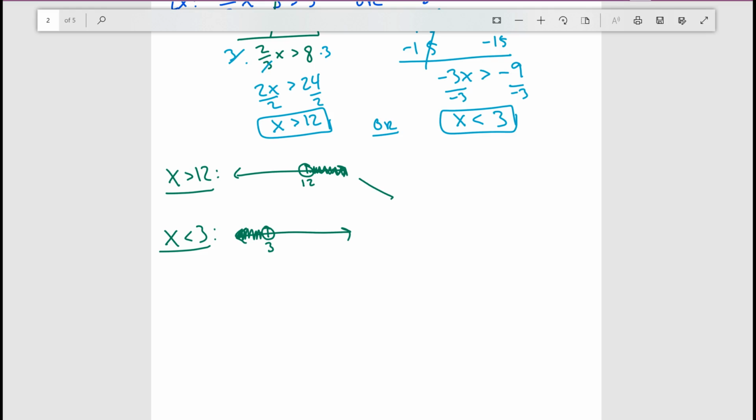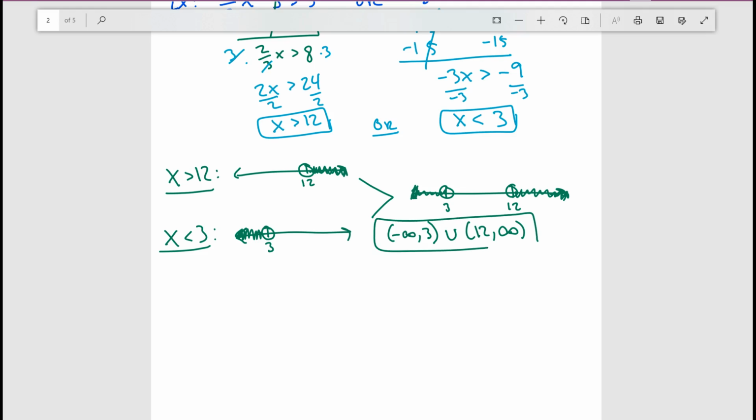Together, we're going to have everything from negative infinity all the way to 3, and then we begin again at 12 and go all the way to infinity. So the answer is from negative infinity to 3, parentheses, union 12 all the way to infinity, and the parentheses. And that's really all there is to these types of problems.